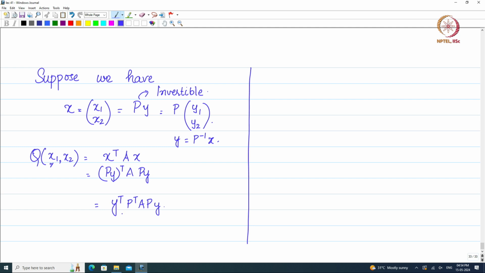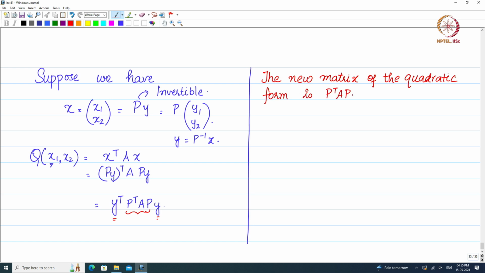So, now what we see is, by change of variable, we are looking at a new matrix of the quadratic form, which involves this variable y. So, the new matrix of the quadratic form is P transpose A P, right.